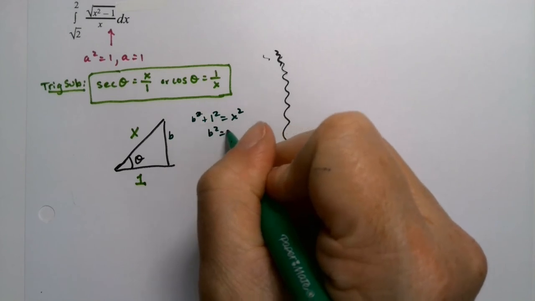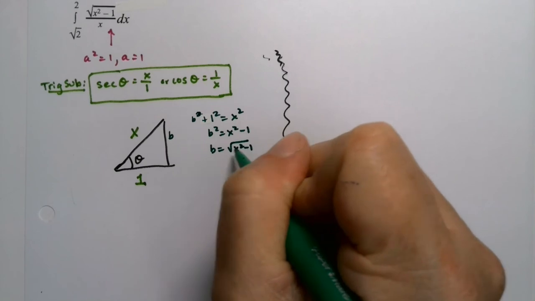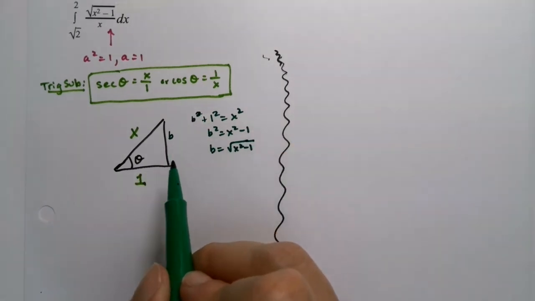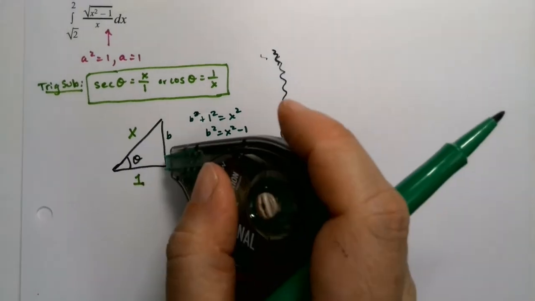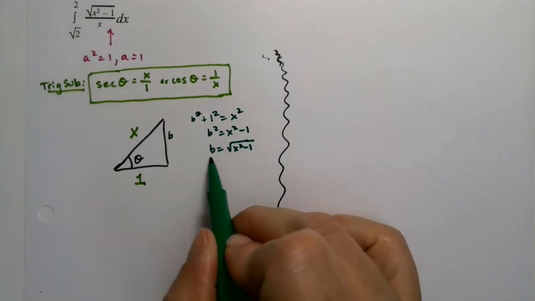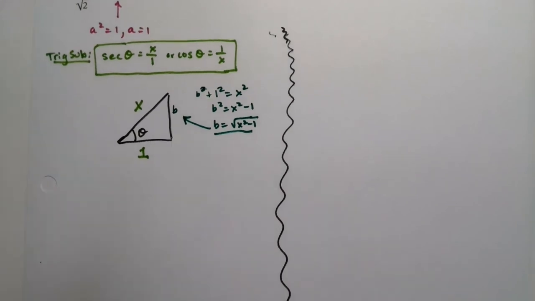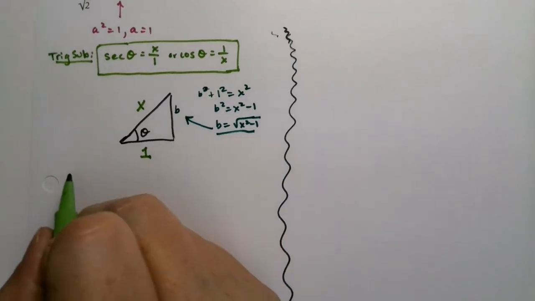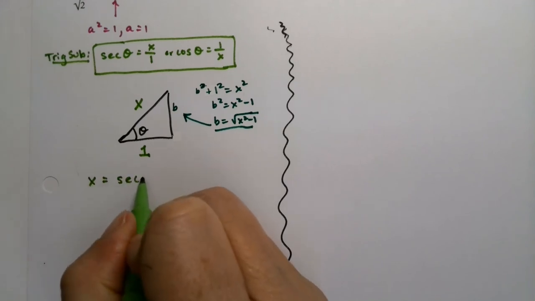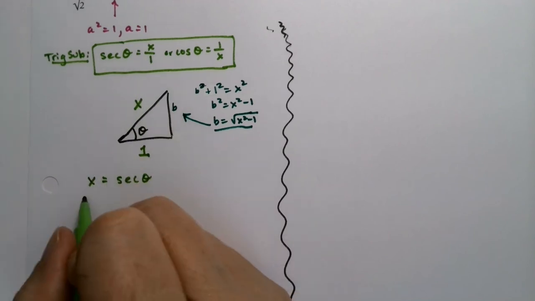So b squared is equal to x squared minus 1. So b is equal to the square root of x squared minus 1. Again, you can memorize that if you want, because it's in the trig substitution memorization page, but you don't really have to. You can always develop it with a Pythagorean theorem, which we do. Okay, so then let's think, what else do we need? We almost always need x. So x would be the secant of theta, right? Because if secant of theta is x over 1, then x is the secant of theta.